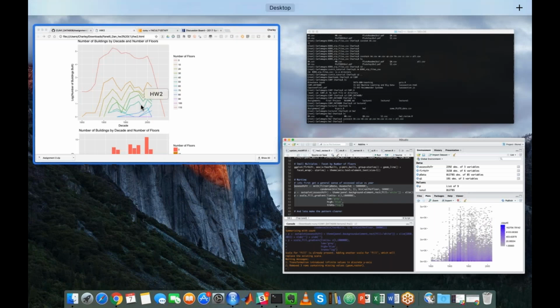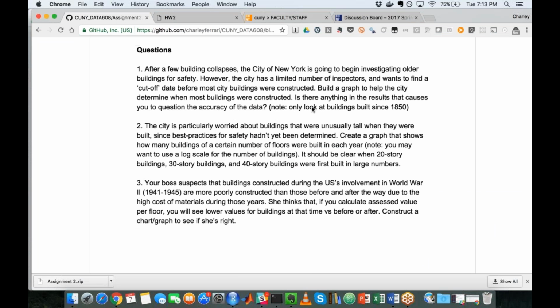This third question is about World War II, and we're trying to find out if buildings built during this period are more poorly constructed than others. One way that we could look at this is by looking at assessed value per floor.